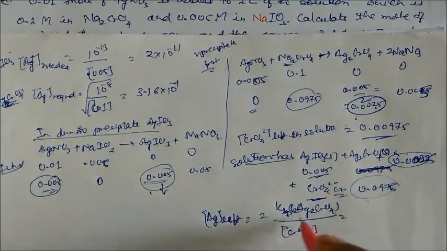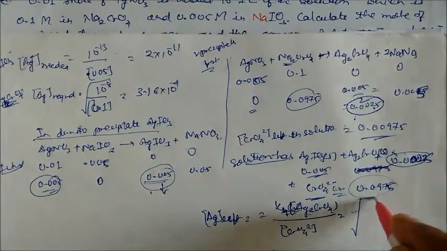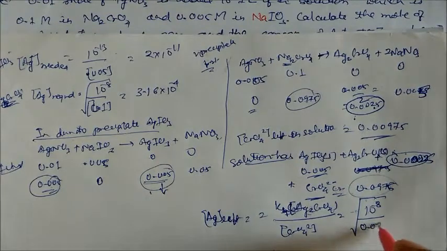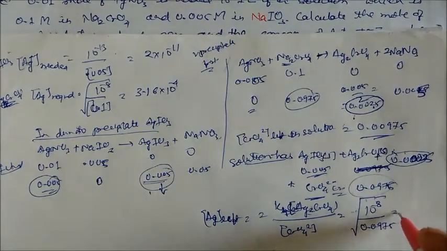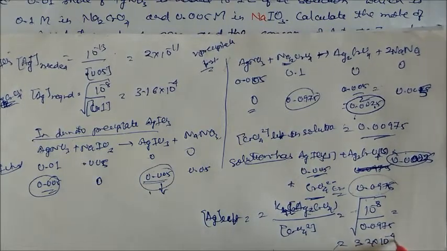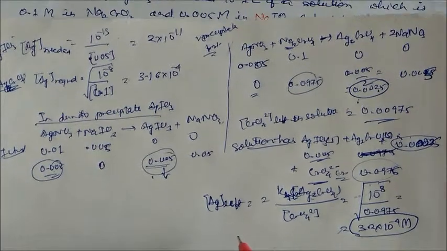So this is Ag2CrO4. We take the square root of the Ksp value divided by 0.0975, so we will get 3.2 into 10 power minus 4 molarity. So this is the silver left in the solution.